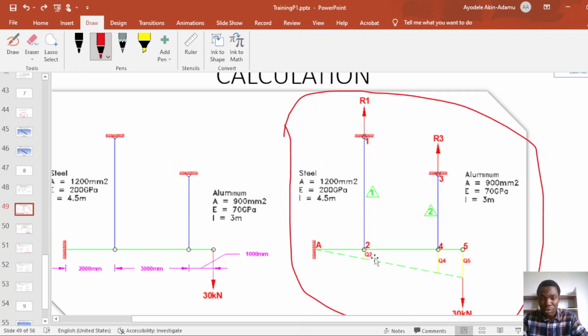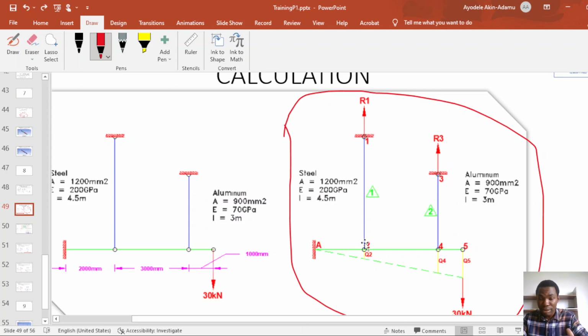So I prefer to define the deformation at node 2 to be Q2. At node 4, we also have a deformation Q4, and at node 5 we have a deformation which I term Q5. So our question is actually to determine the stress in the finite element 1 and finite element 2. We can also determine the reaction at node 1 and node 3.